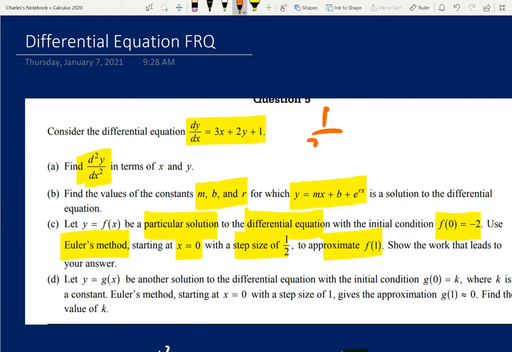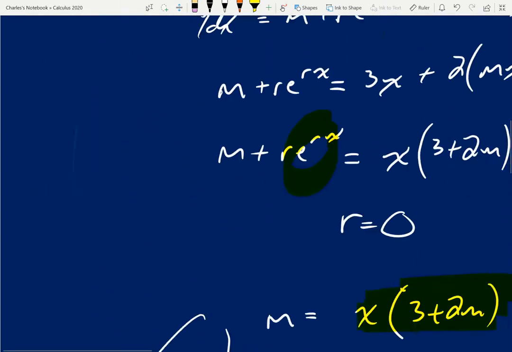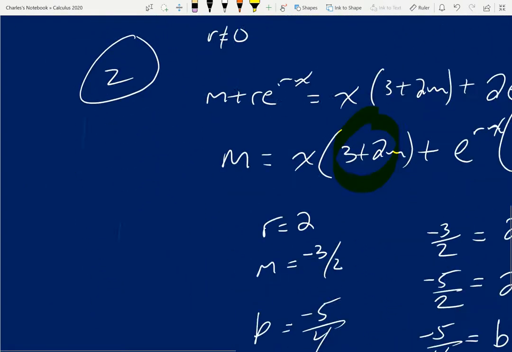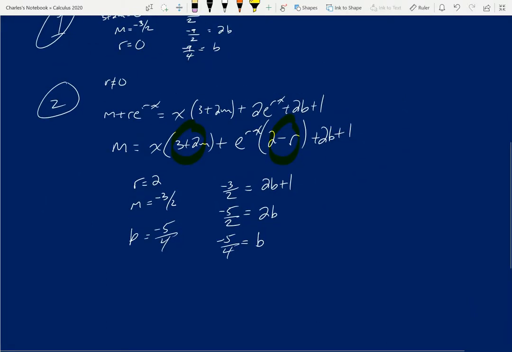There's no way of saying 1 over 2y dy. There's just no way of separating it, which means there's no way of finding a closed form solution for y. However, there is a process for approximating it that we'll use called Euler's method.